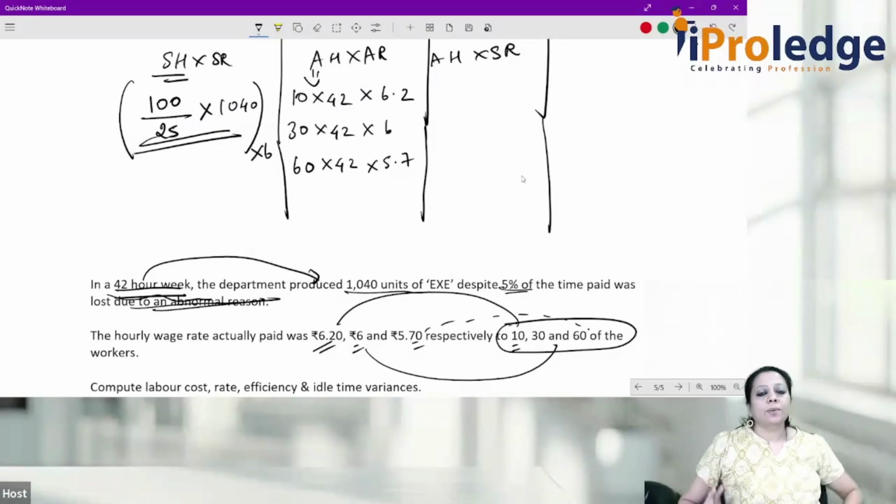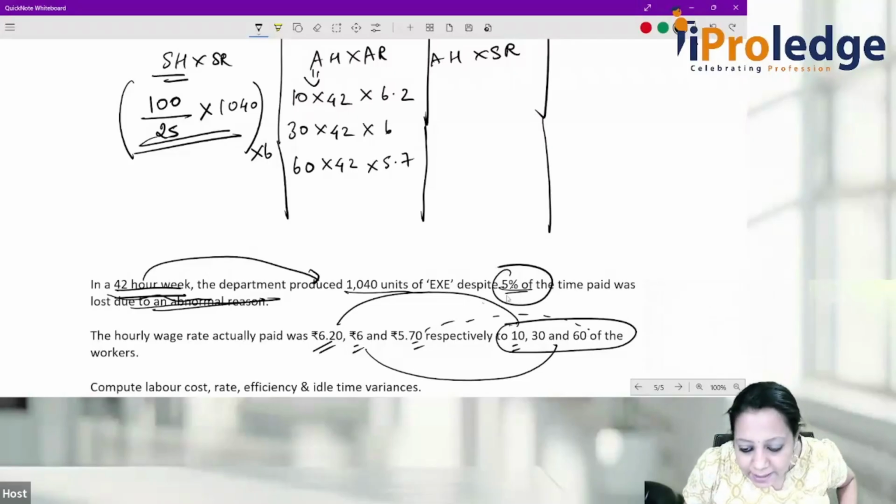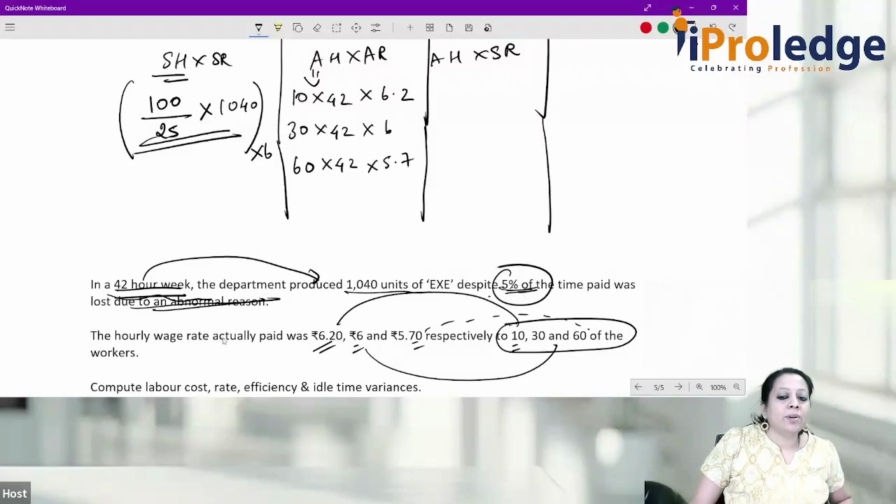Now, what is this 5% of the time that was paid was lost due to an abnormal reason? Isn't it, students? That means now here they have said despite that, 5% of the time paid was lost due to an abnormal reason. So now I have to calculate actual hours worked and actual hours paid.